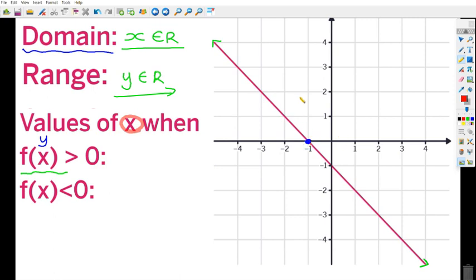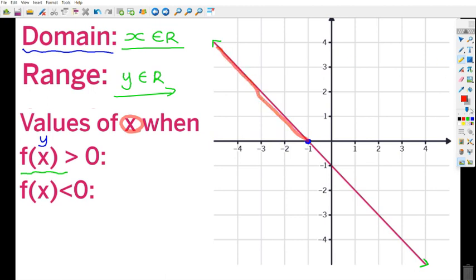Am I going up and down, or am I going left and right? X values are left and right. So if I go to the left of this dot and I go this way, where's my graph? Look here. Where's my graph in this area over here? My graph is above the x-axis. So if I go to the left of this dot, my graph is above.